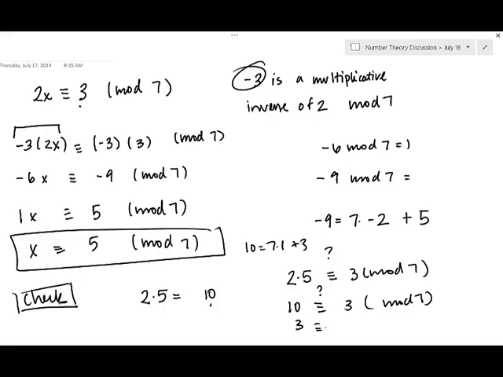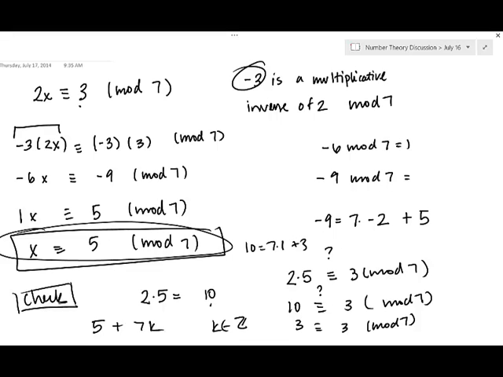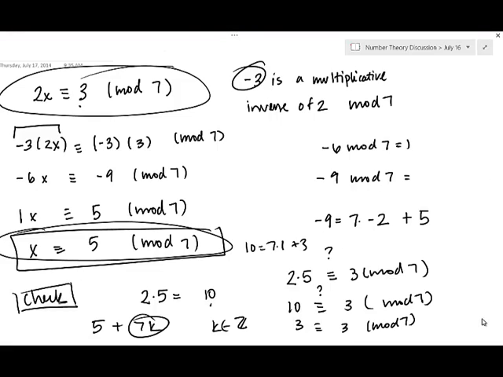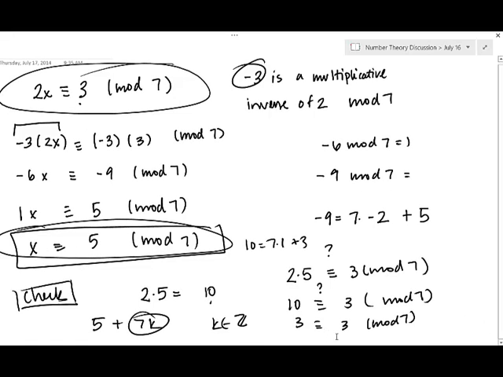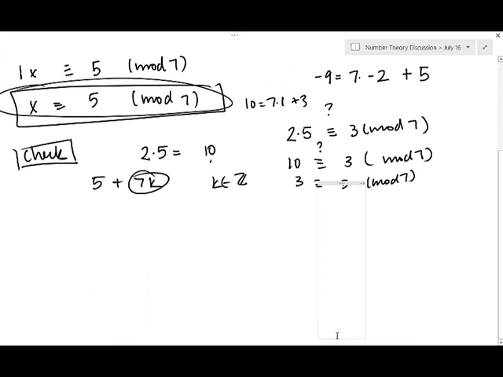Yes, we have found the correct solution. So x is congruent to 5 mod 7. This means for x, I could have any of these integers. I can add any multiple of 7 to 5, and it'll satisfy this congruence. Okay, let's do 4 just to triple check here. And I think in the next video I'll do a more complicated example of the extended Euclidean algorithm.